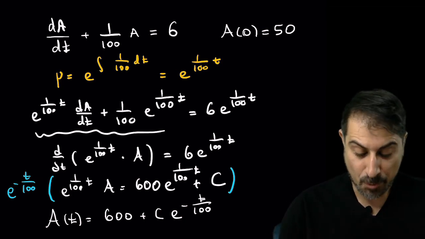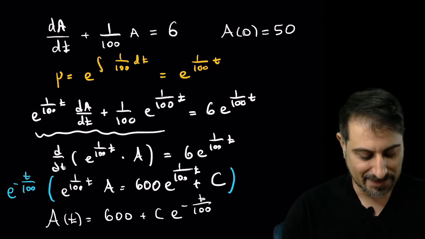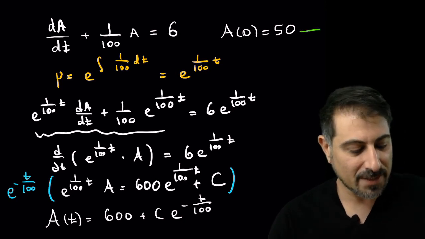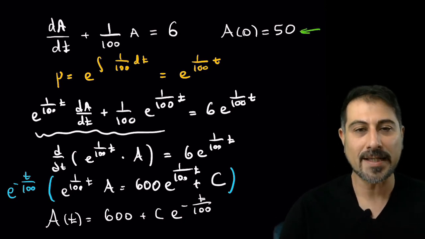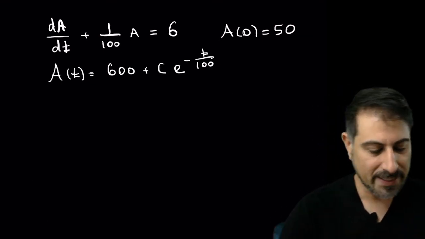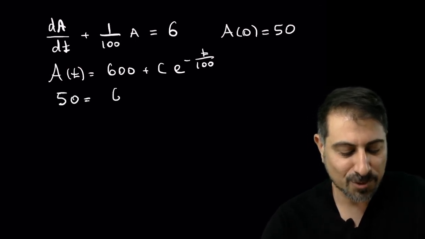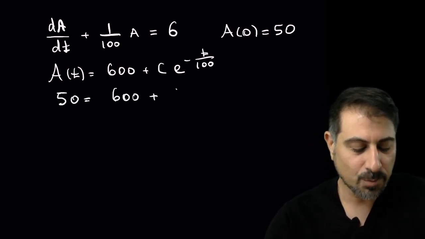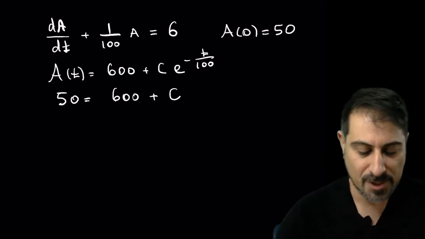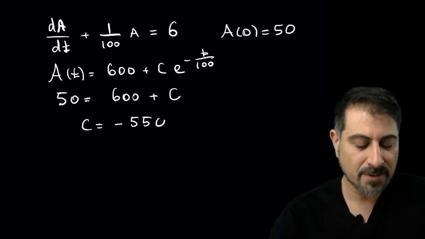And now we know the description of A of t up to the integrating constant C. So why don't we use the initial condition in the next slide to come up with C. So let's just do it real quick. A of 0 equals 50 means 50 is equal to 600 plus C, and t equals 0 here. So C turns out to be negative 550.